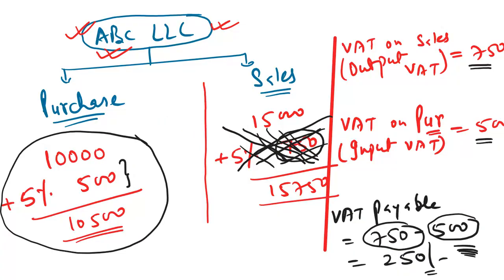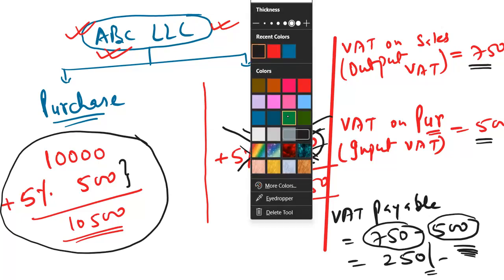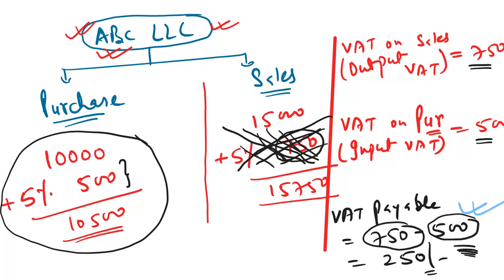The input tax, the tax on purchases, can be adjusted against the tax on sales, the output tax.